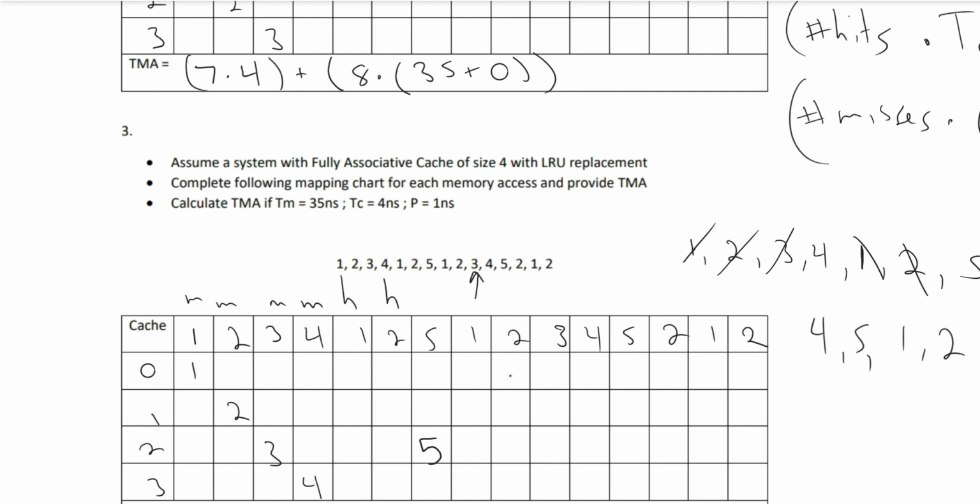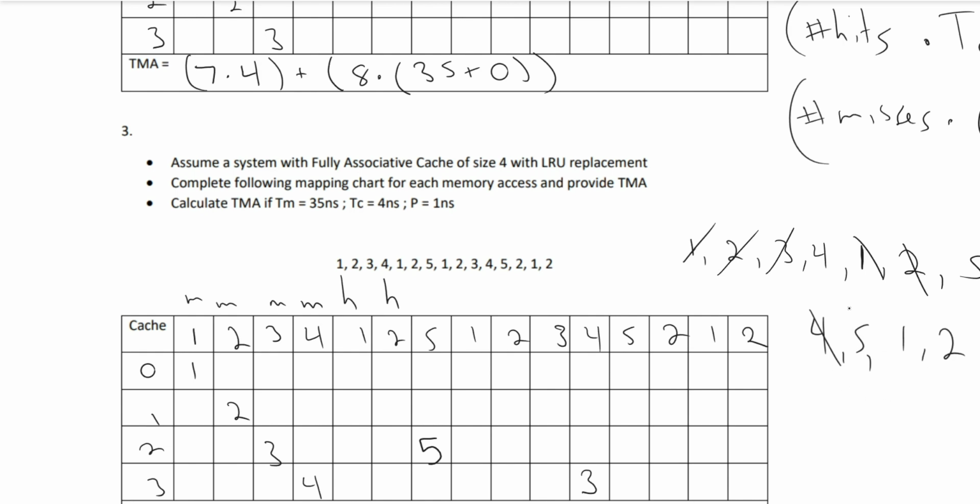And we're at this part right here, right? 3 is not in the cache, so cross out 4, and then put 3 here, right? And then we can put a 3 in the front here.